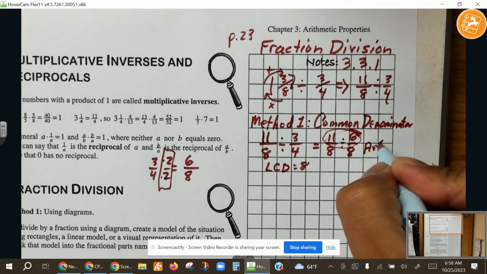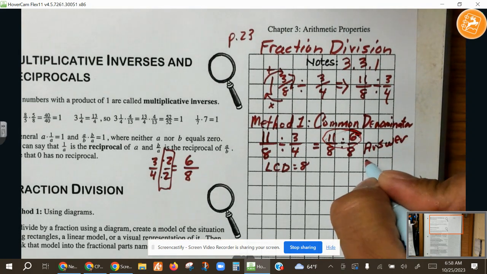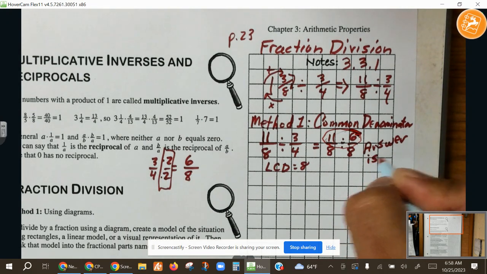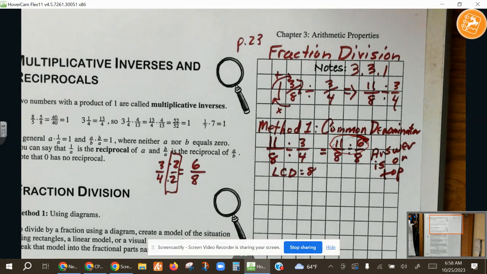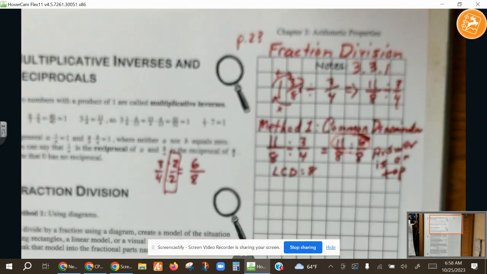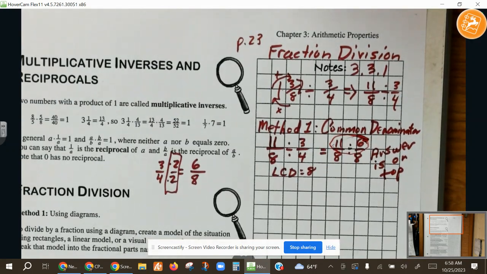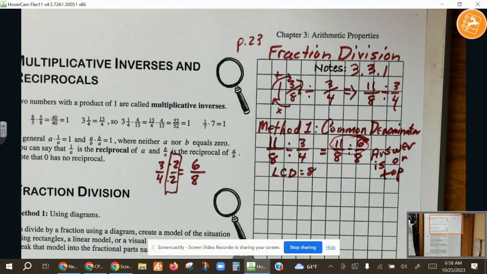Okay, that's the easier way of saying your answer is right there in the numerators.